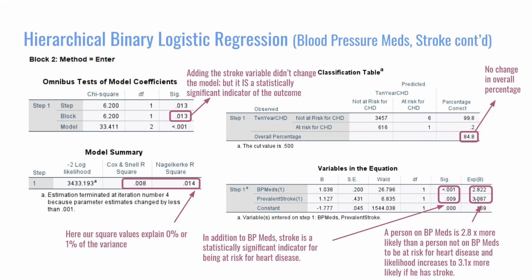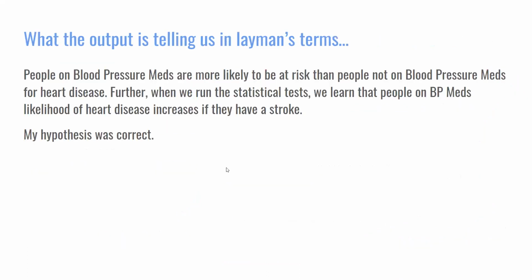And the likelihood of it increases to 3.1 times more likely if he has had a stroke, he or she, sorry. And the output in layman's terms is that people on BP meds are more likely to be at risk for heart disease than other people not on BP meds.